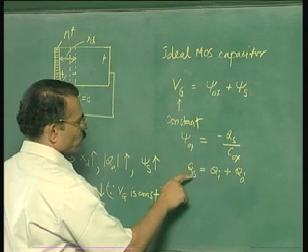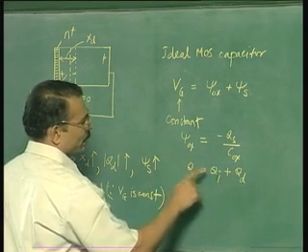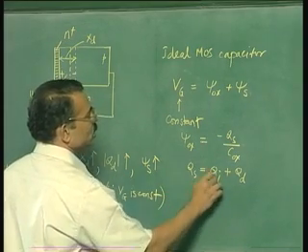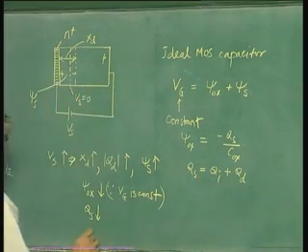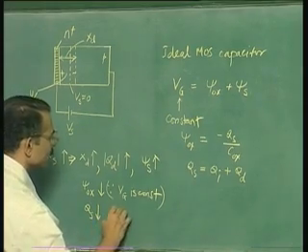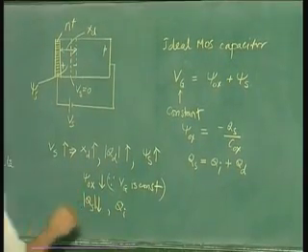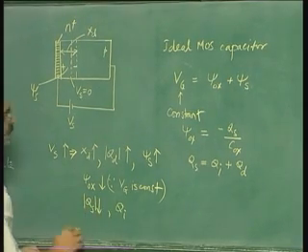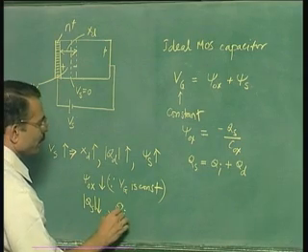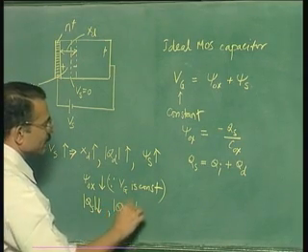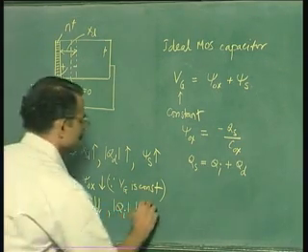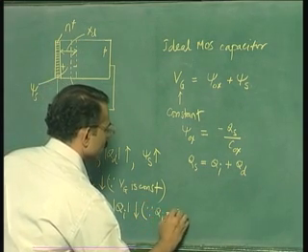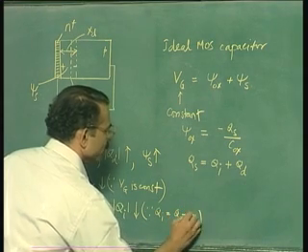If Qs decreases in magnitude and Qd increases, then clearly Qi is going to fall, because Qi is the difference of Qs and Qd. Now here we should put a modulus because Qs is negative in polarity. So magnitude of Qs decreases, so Qi magnitude decreases, since Qi is equal to Qs minus Qd.